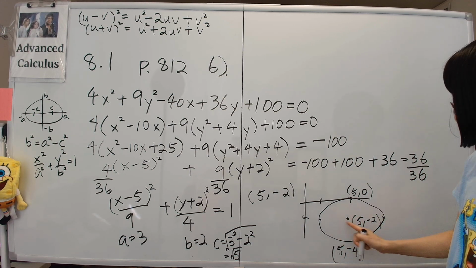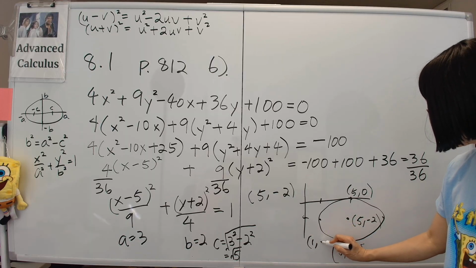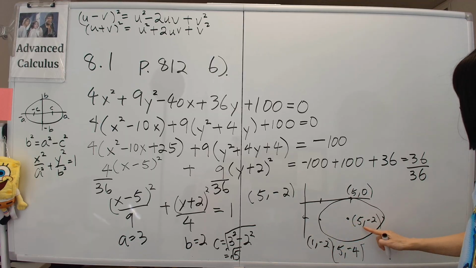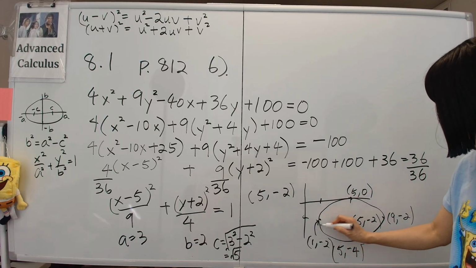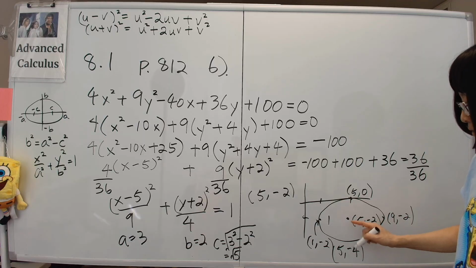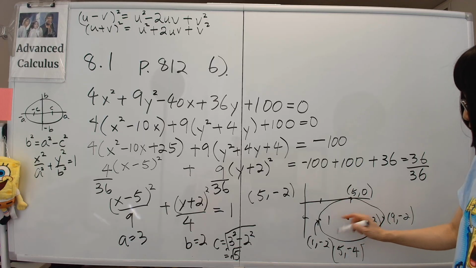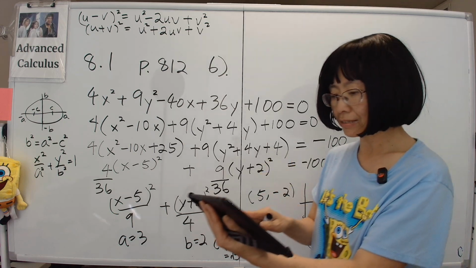And this point is 1 comma minus 2, and this point is 5 plus 4, which is 9 comma minus 2. When I say this point, I was referring to this thing right here. And something like that. And then the focal points are 5 minus the square root of 5, and the other one is 5 plus the square root of 5, and so on.